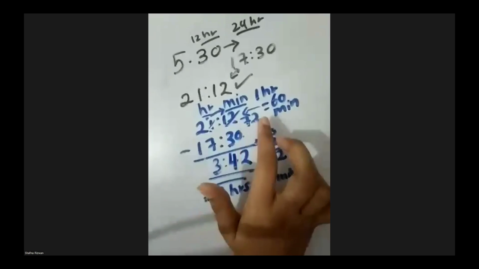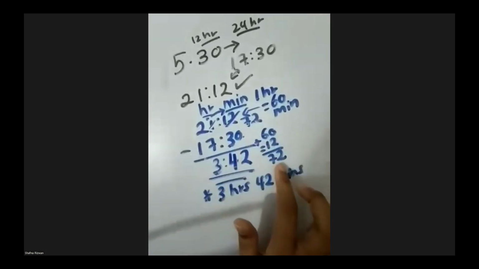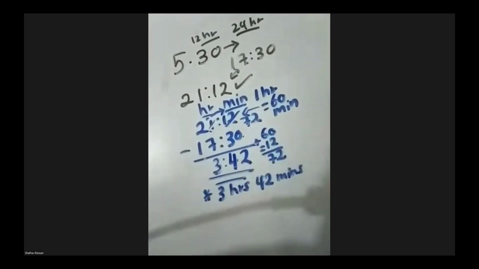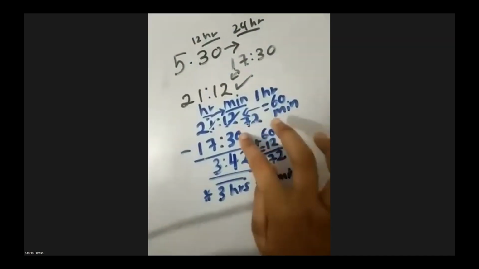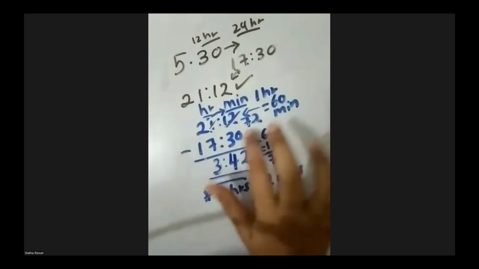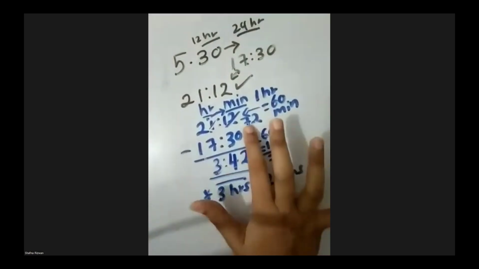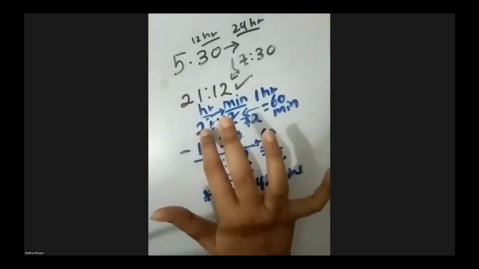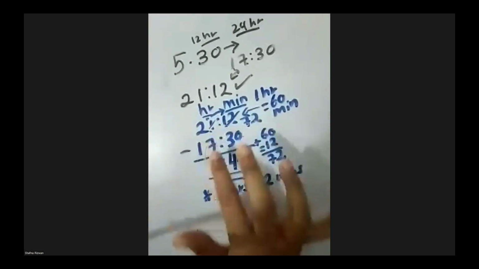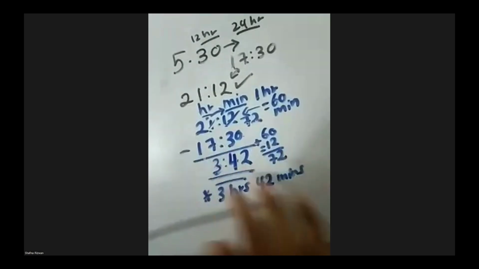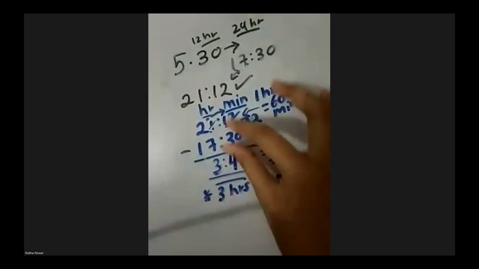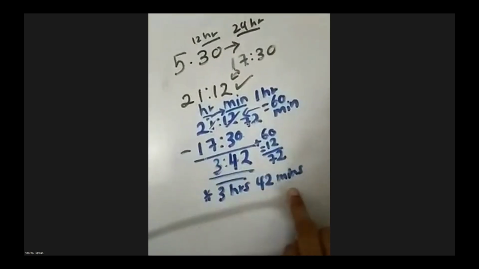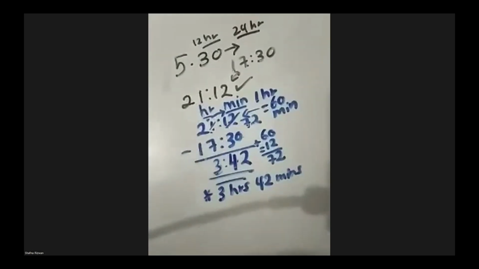If I give 60, I have to add both. Then it will become 72. From 72, you have to subtract 30. Then from 2, if you subtract 0, 2 itself. 7 minus 3, 4. Then 42 minutes. Here it was 21 and became 20. From 20 minus 17, 3. Then how much is the gap between these two times? 3 hours and 42 minutes. Did you all understand? That is how you all have to take.